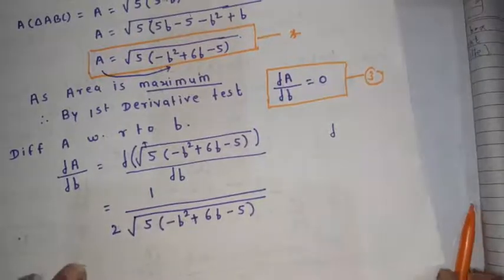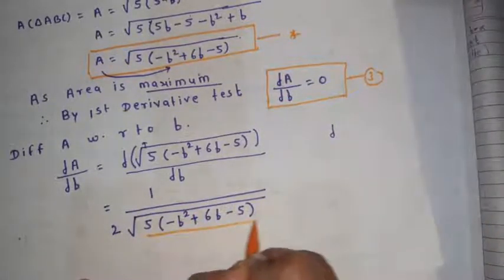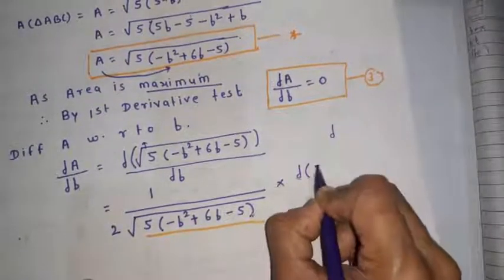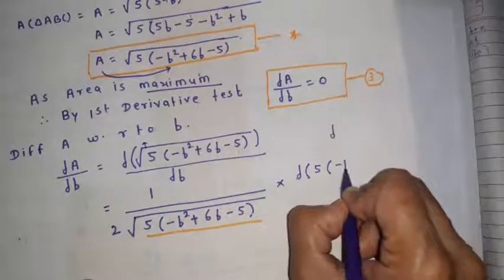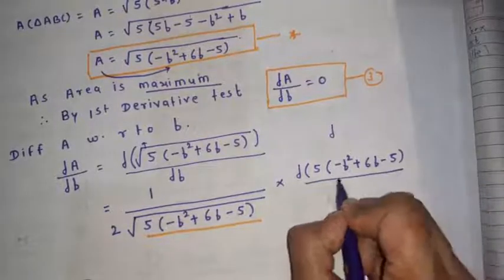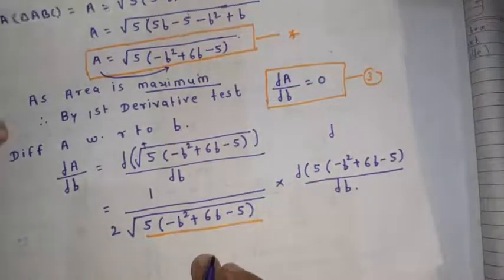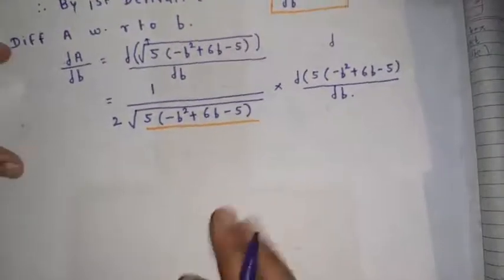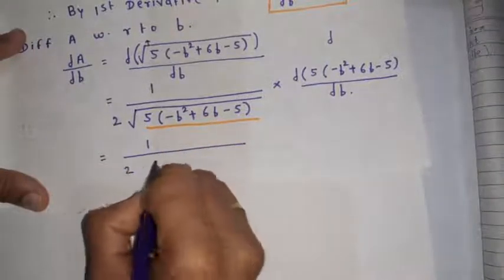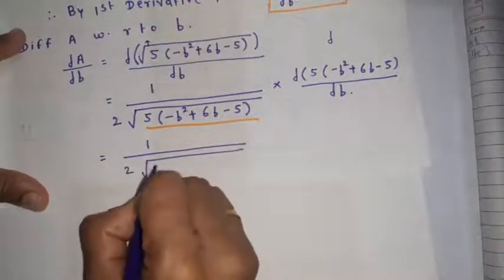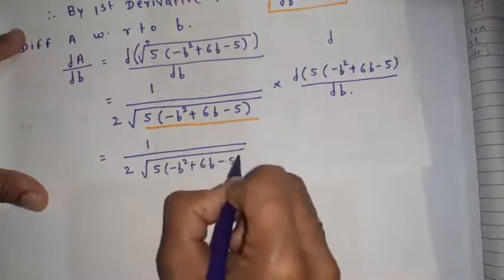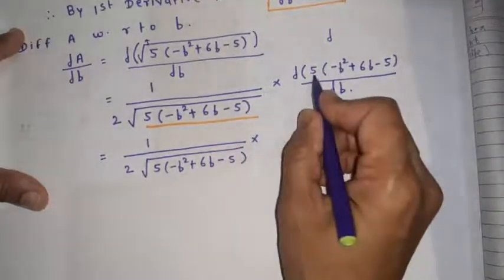Okay students, but the under root function is again differentiable. That's why into the differentiation of 5 into minus b square plus 6b minus 5 with respect to b. Now the differentiation of this is 1 upon 2 root 5 into minus b square plus 6b minus 5, into the 5 as a constant.